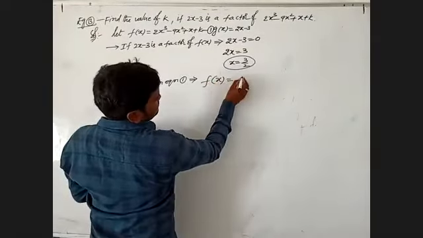Why? Because 2x minus 3 is a factor. Already it is a factor, so the given polynomial must be equal to 0. Where x is 3 by 2, I write f of 3 by 2 must be equal to 0.